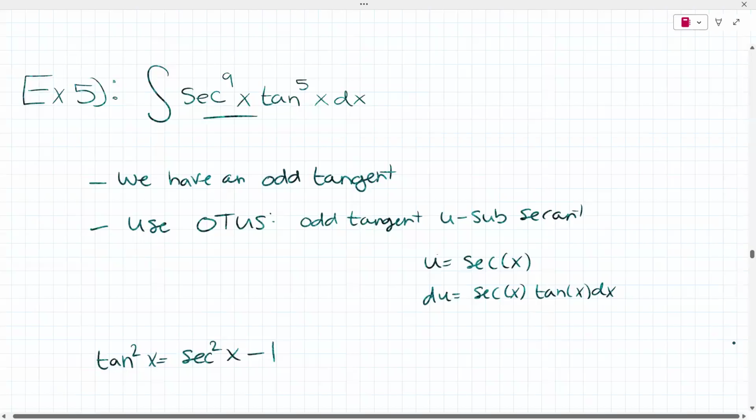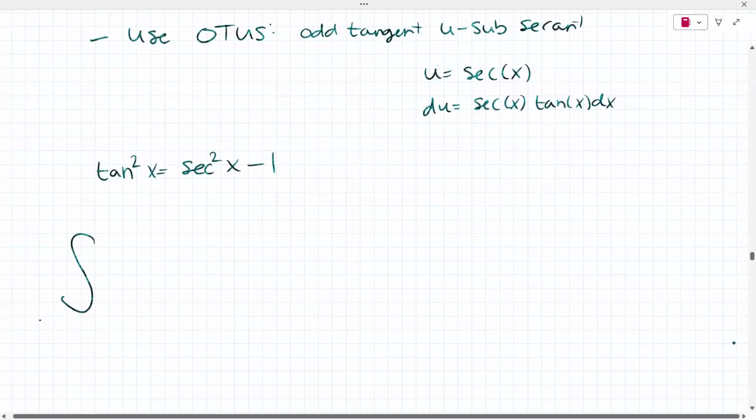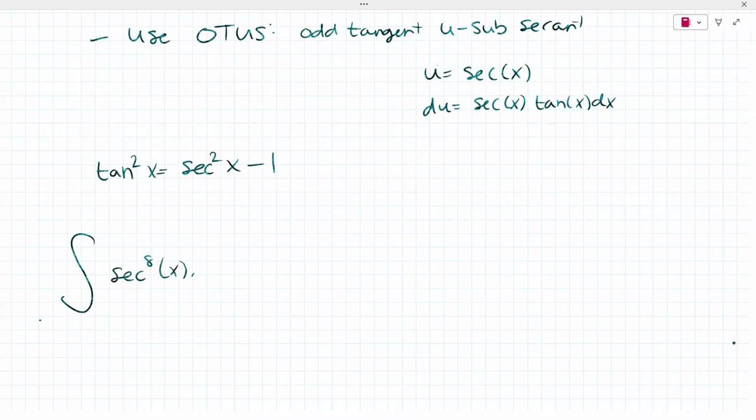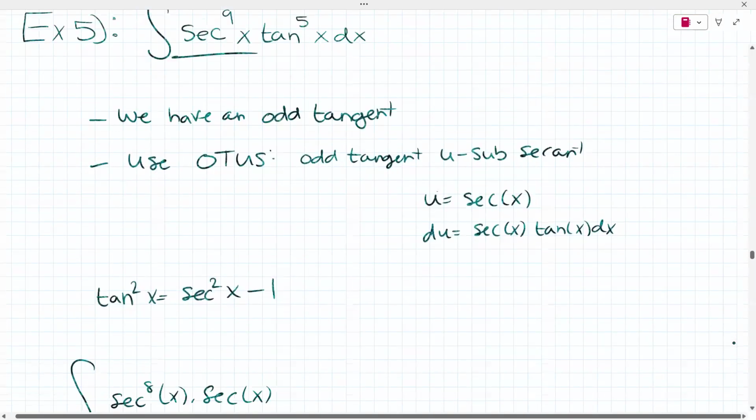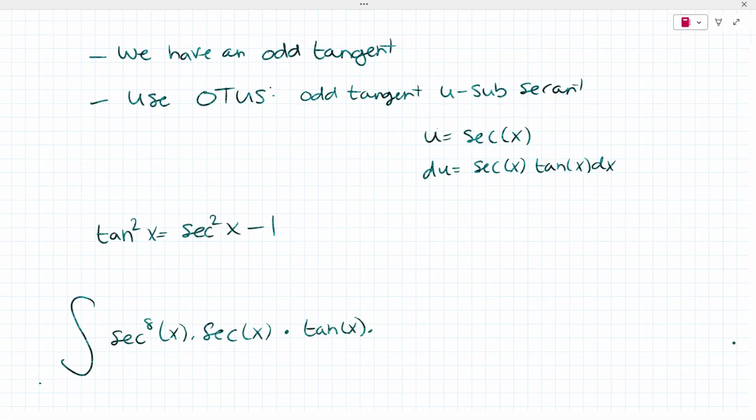So what do we know? I'm going to rewrite secant of 9x as secant of x times secant of 8x times secant of x, right? And you'll see why I did that. And then I'm going to rewrite tan of 5x as tan of x times tan of 4x dx.